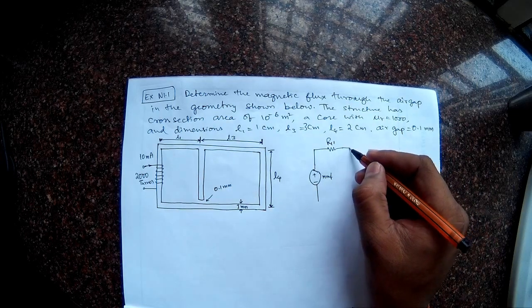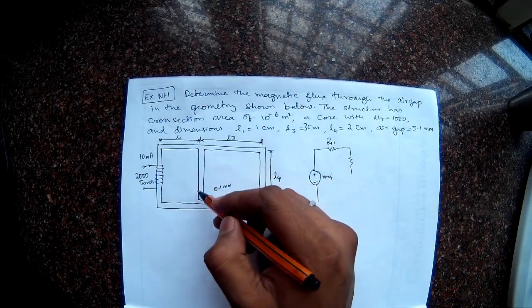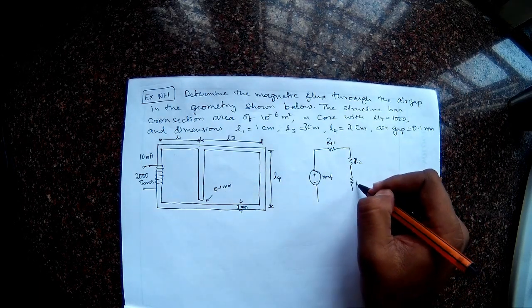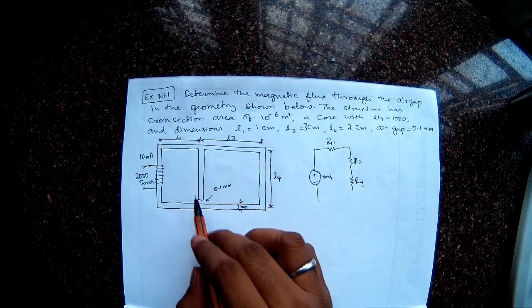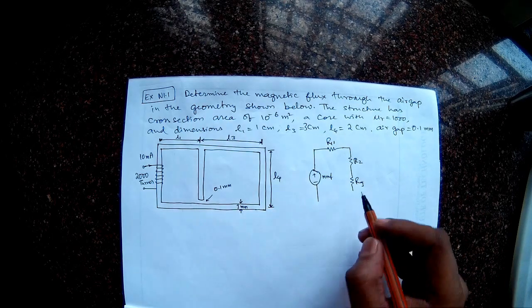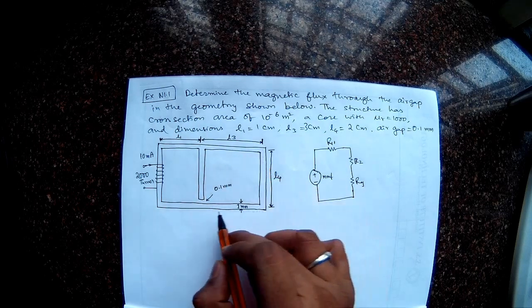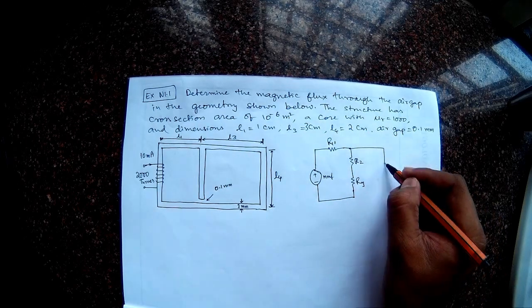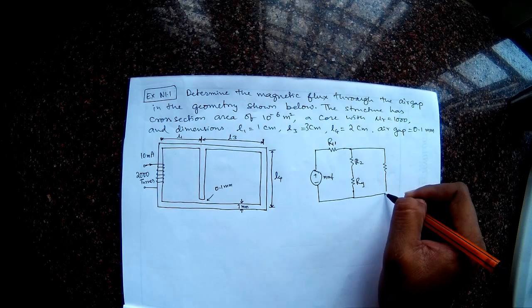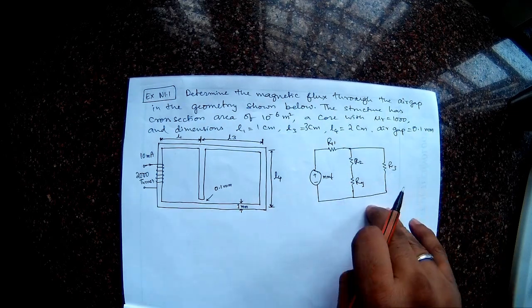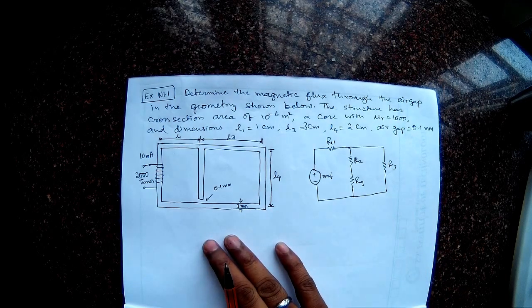Then there is the reluctance of this middle limb, plus there is an air gap, so R2 and then RG, the reluctance of the air gap. This is connected to this. Then another path entirely has another reluctance R3. So this is the analogous magnetic circuit for this electric circuit.